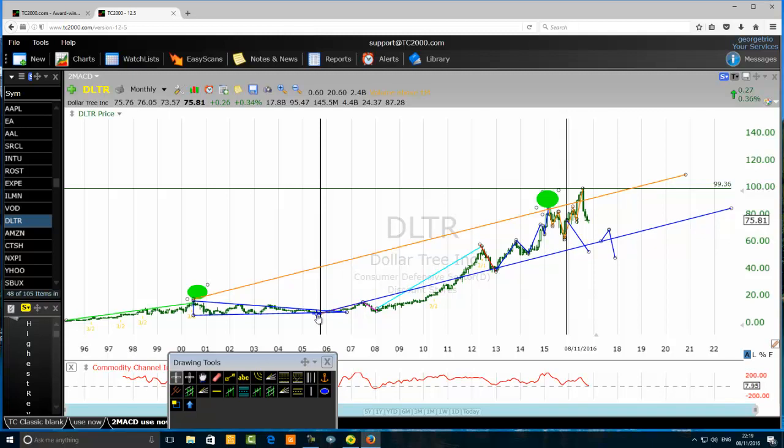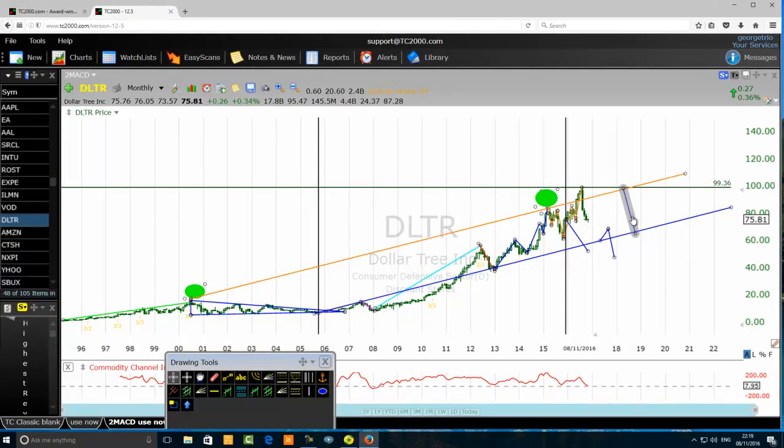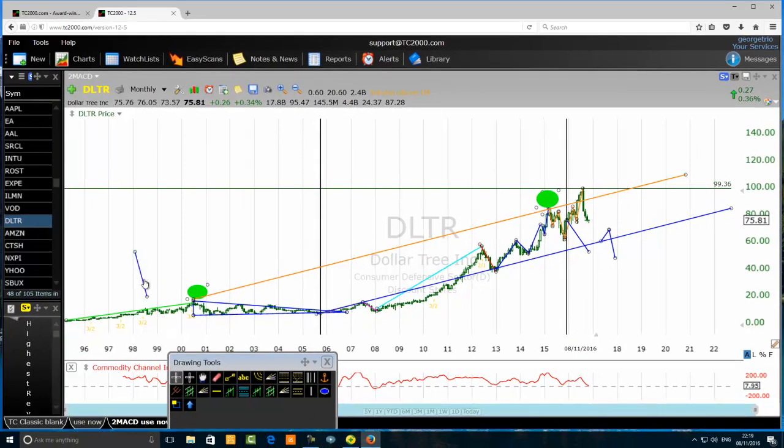Let's do it properly, my friend. So that's the low of the second wave, and we draw a line that is parallel to this first line. Is it parallel? Let's see. Yep, it looks like it.